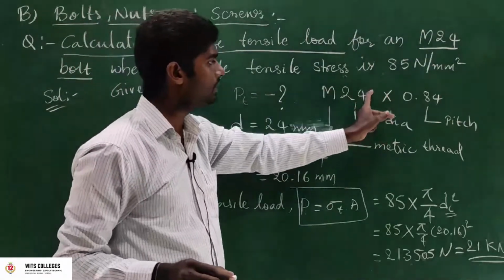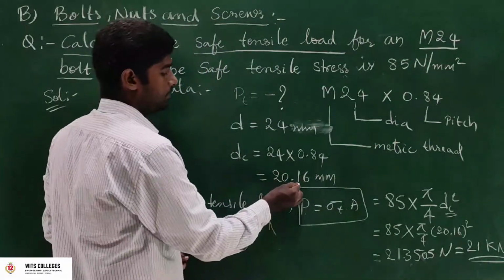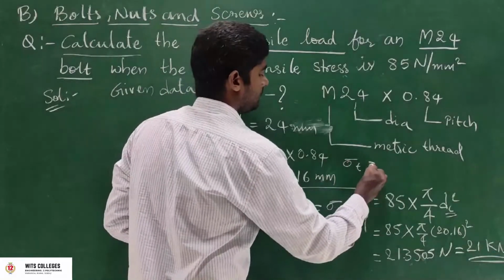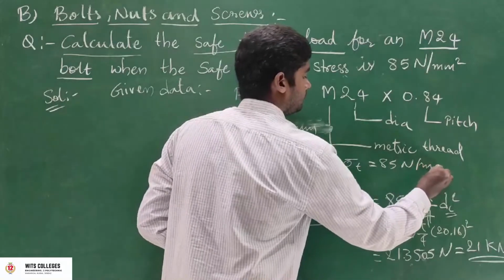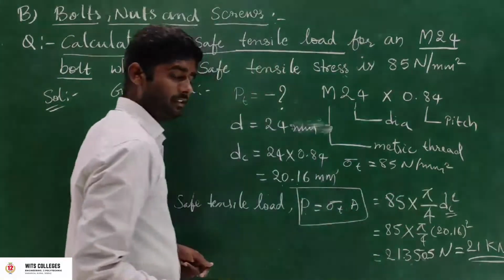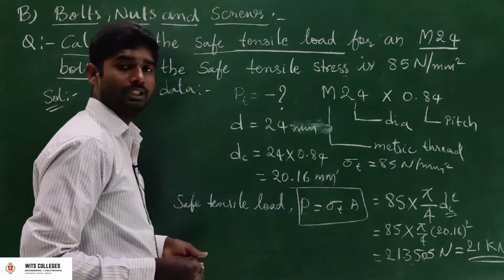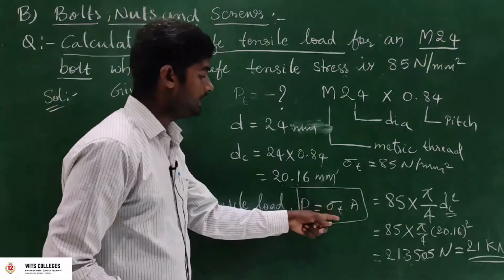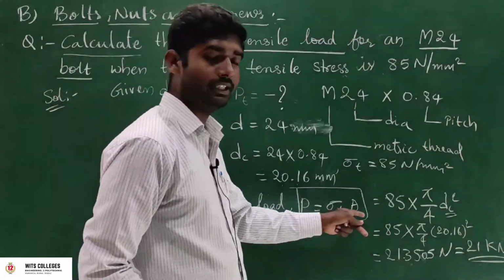DC is equal to 24 into 0.84, that is 20.16. Sigma T is 85 Newton per mm square. Let's substitute in our formula. P is equal to sigma T into A. Why? Because sigma T is equal to P by A, that's why P is equal to sigma T into A.